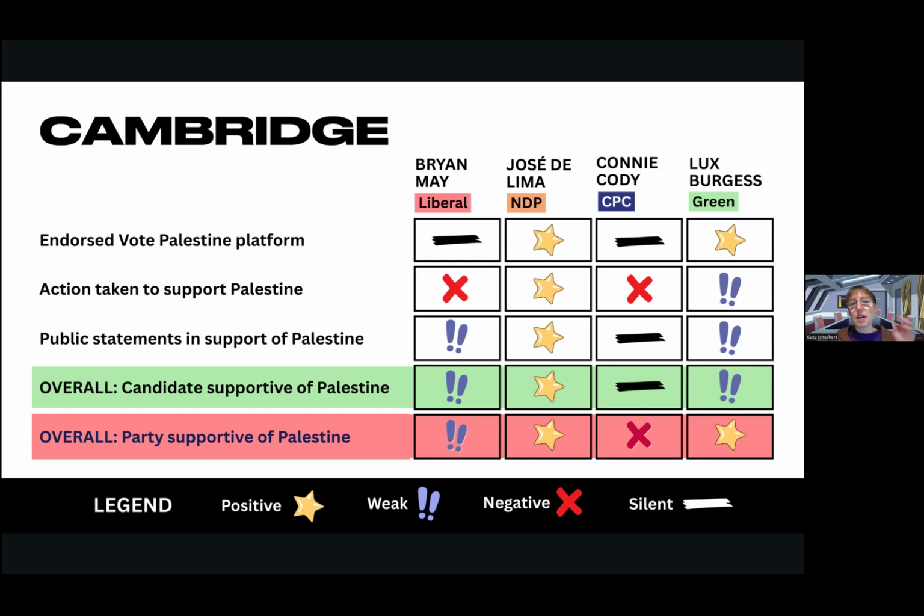You see here that Brian May, as part of the Liberal Party, has an actively harmful X here. And this indicates that he is engaging in actions that are negative for Palestine. Like other Liberal MPs, he has failed to acknowledge that arms sales to Israel are continuing, even though the government committed to ending exports.